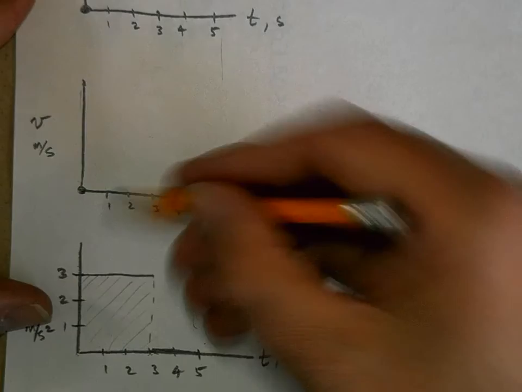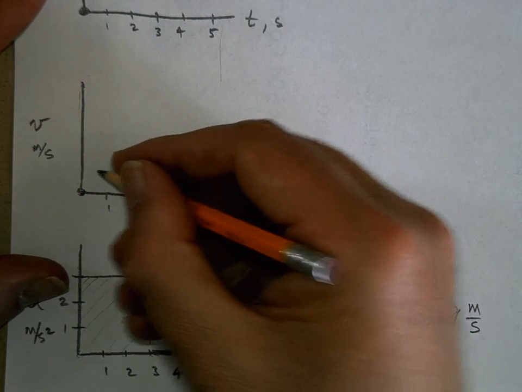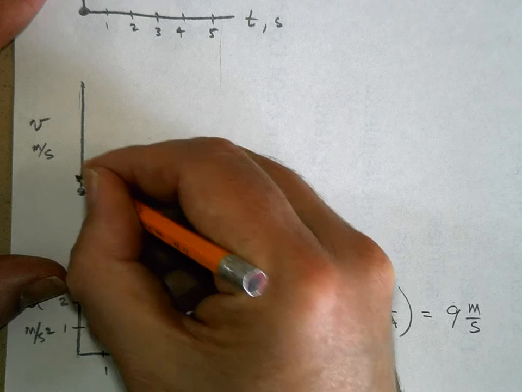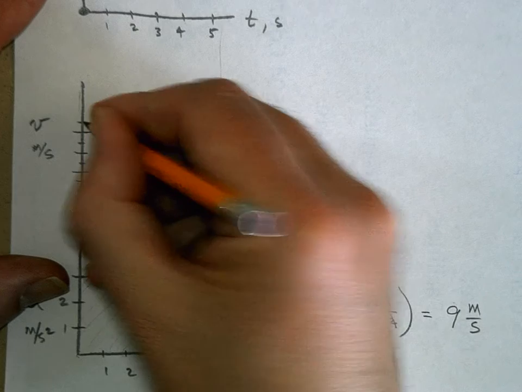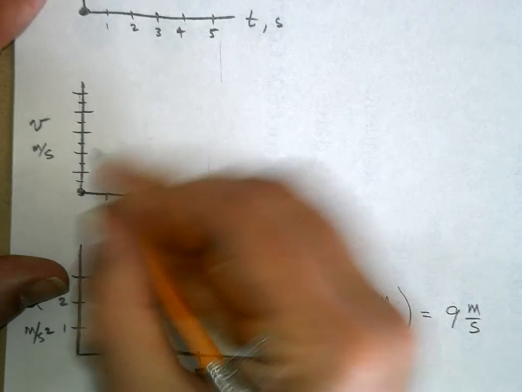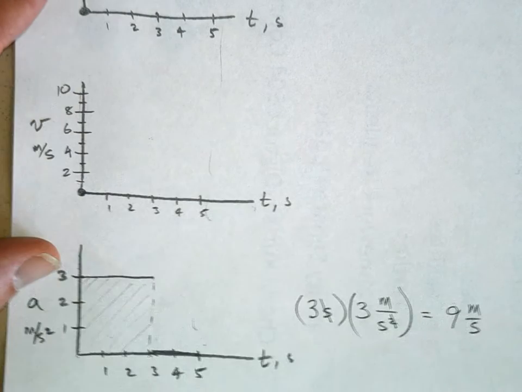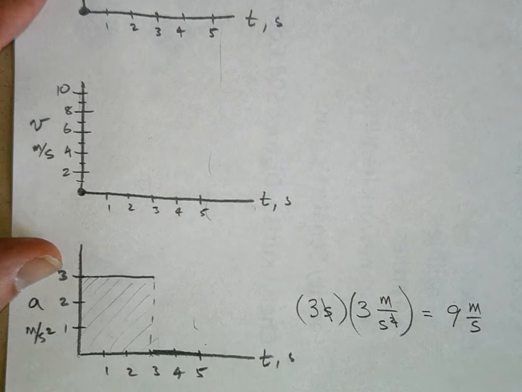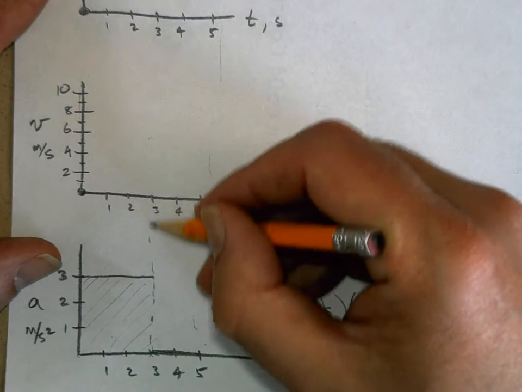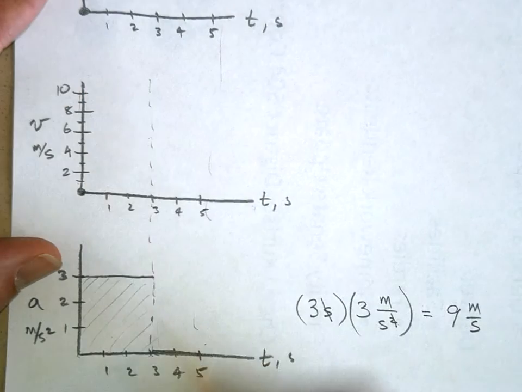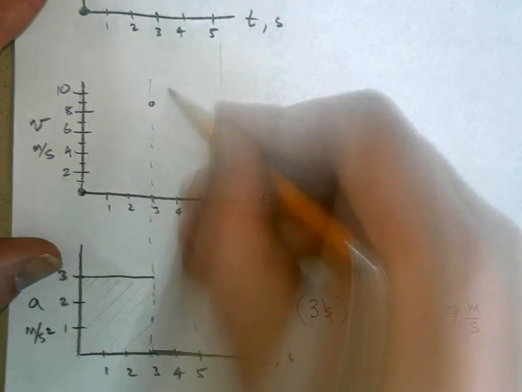So I need to scale this appropriately for that. Now I'll just go, 1, 2, 3, 4, 5, 6, 7, 8, 9, 10. So 2, 4, 6, 8, 10. And so I know that at 3 seconds, my velocity is 9 meters per second, because that's my change in velocity.